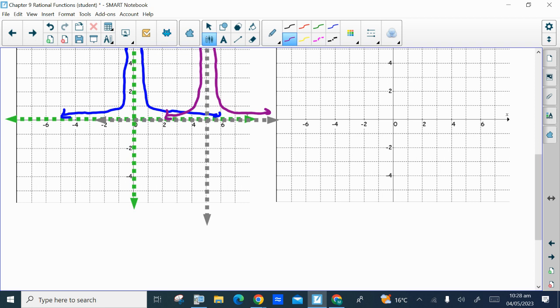So we can say that f and g have the same horizontal asymptote. So this is one similarity.